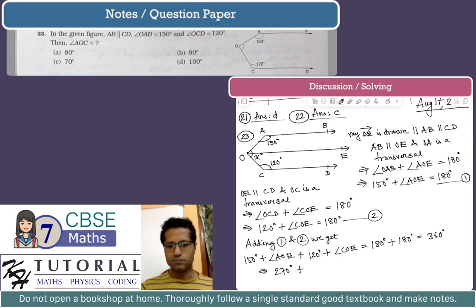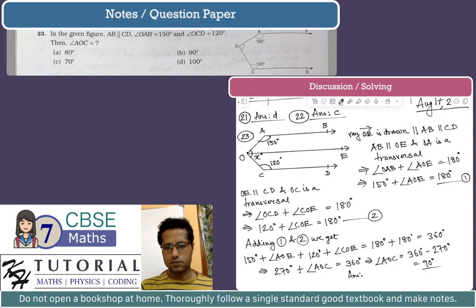And please note that angle AOE plus angle COE is nothing but angle AOC. So angle AOC is equal to 360 degrees minus 270 degrees, which is equal to 90 degrees. So the answer is choice B. B is the correct choice.